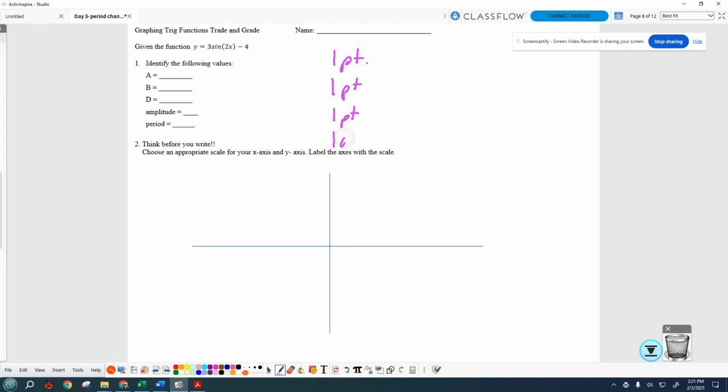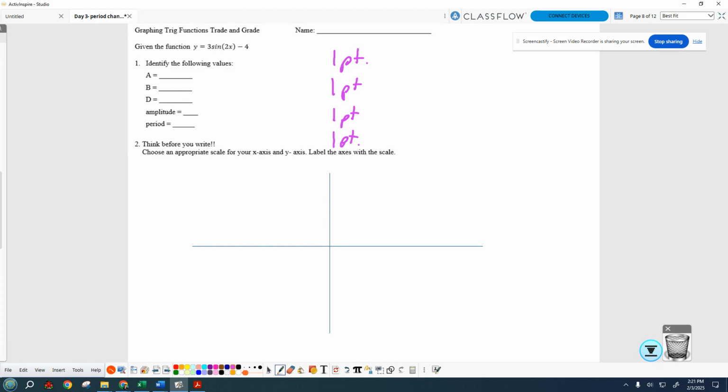Guys, trade papers, because some people in third and fourth period were like, why did I lose a point? And you're like, oh, you were off by a negative. You might not see where you made your own mistakes. So please trade papers. Matt, could you trade with Faustina?